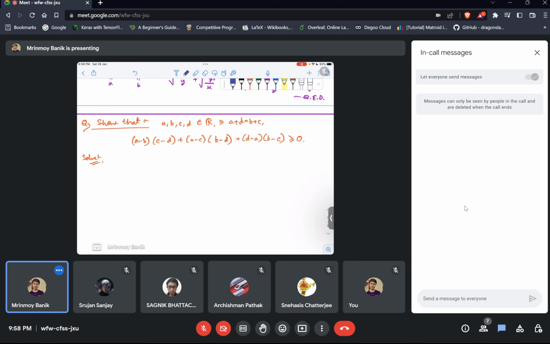So I'm back. How to solve this one? It's the cyclic sum of A minus B times C minus D. You can multiply everything out and then try to use this equation.